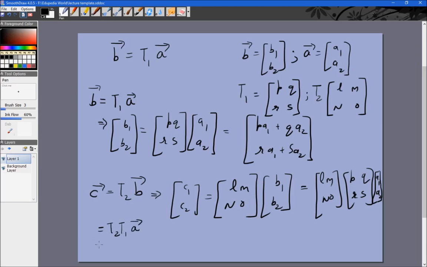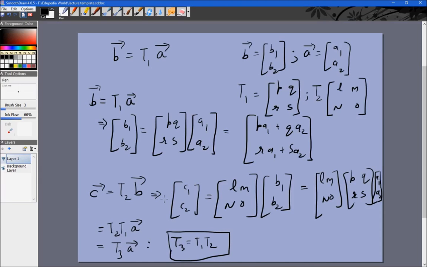And what we would like to do is represent it as T3 times A, whereby saying T3 is equal to T1, T2. So earlier it was a matrix and a vector. Now we are actually seeing what matrix multiplication should look like. We want matrix multiplication to look in such a manner that when you apply a transformation to a vector and you apply a second transformation to the transformed vector, the new combined transformation should look like a matrix which is the product of the matrices representing the individual transformations.